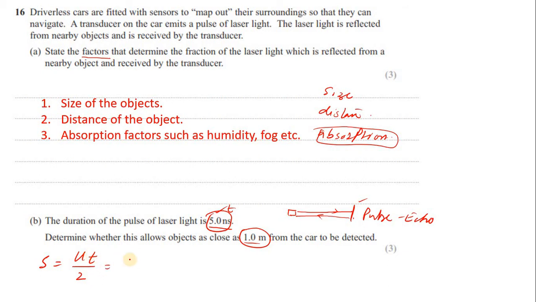U is, because we are using laser light, which is electromagnetic radiation, 3 × 10^8, times the time, 5 nanoseconds, 5 × 10^-9, divided by 2. If you solve this, you have the answer of S that can be detected in this time duration, and this distance is 0.75 meter.